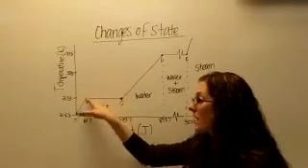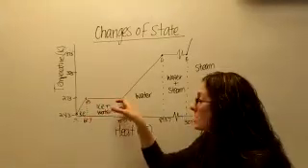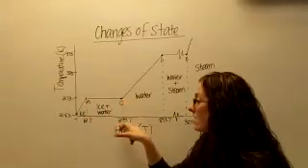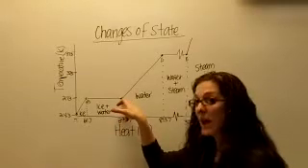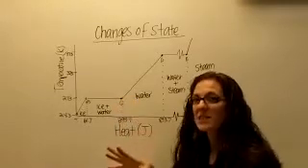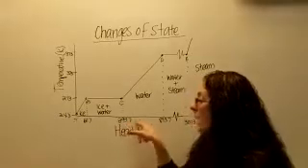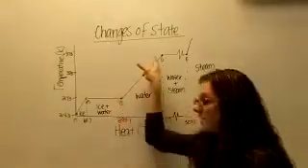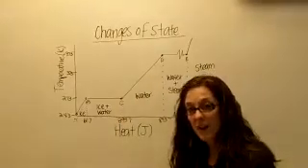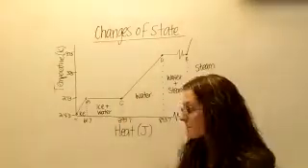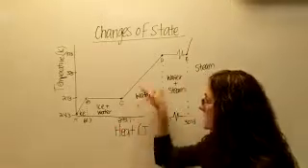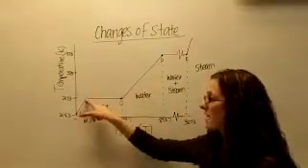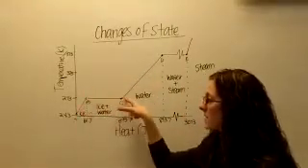So from here to here, you might have chunks of ice, but as soon as you hit this 395.7 and you add more heat, your ice is going to be completely gone. So when you add more heat than this, you now have an increase in temperature, because when you add heat, the kinetic energy increases.